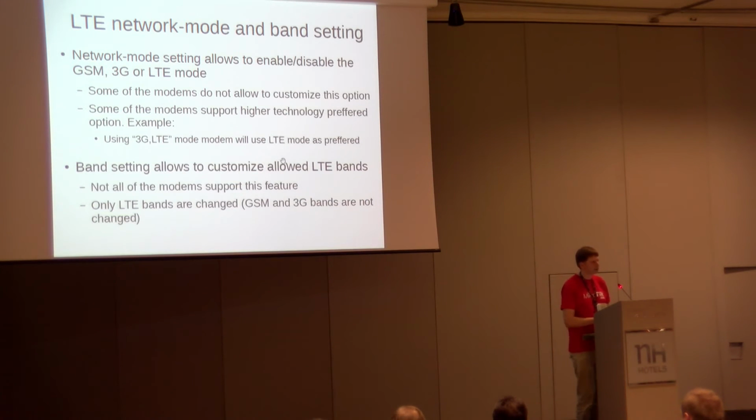Also, we have a band setting. For a few modems, it is possible to configure the band setting. So the question is, we already have networks like 2G, 3G, 4G, and now even a band setting. It's too complex. Yes, it could be too complex, but sometimes it is great that you can use this setting.